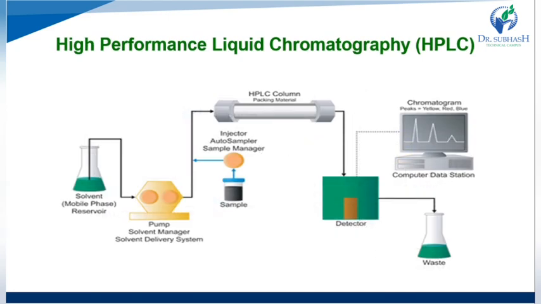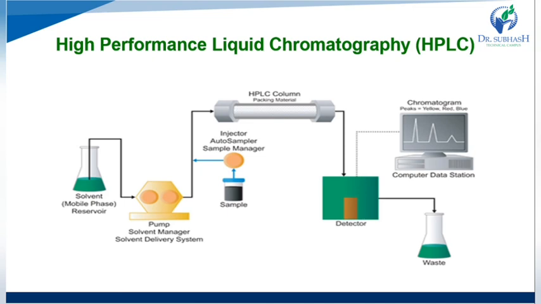Then the data is recorded. This is an instrument diagram of the HPLC instrument. First the solvent system and then the pump, the solvent manager and solvent delivery system. Then sample injection: the sample is injected in the auto sampler, the sample manager, and after that the sample goes into the HPLC column and passes through the column, and then goes to the detector.